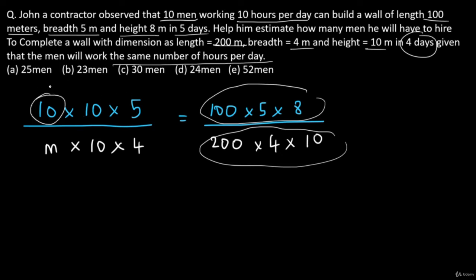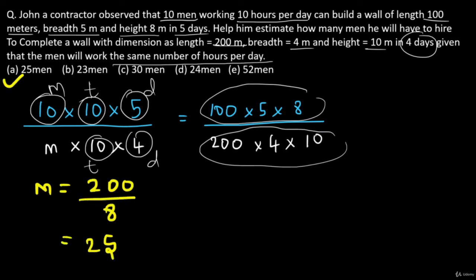It took 10 men and it was 5 days, and every day they are working 10 hours. And in the second case, we have m men and they are working the same number of hours per day, and we just have 4 days. Now on solving, we get that m is equal to 200 by 8, which is equal to 25. Therefore, this contractor will have to hire 25 men.